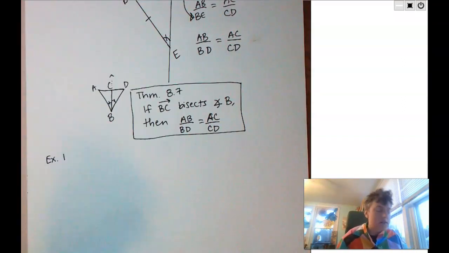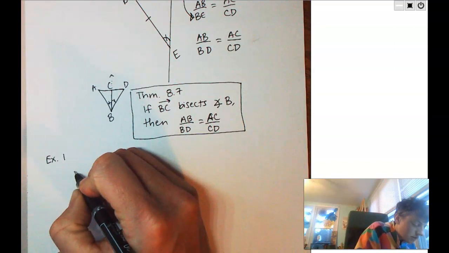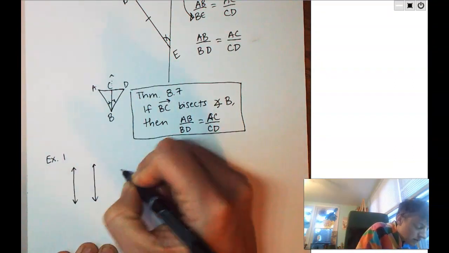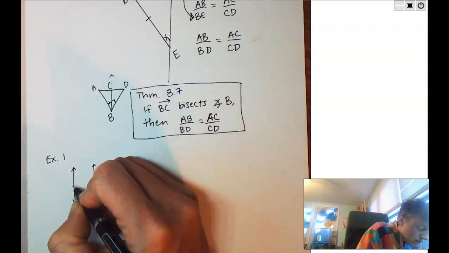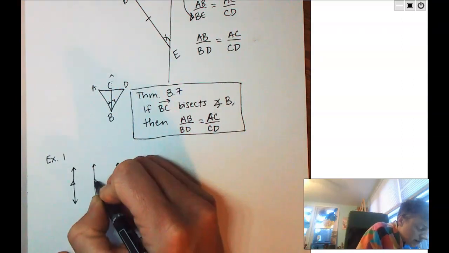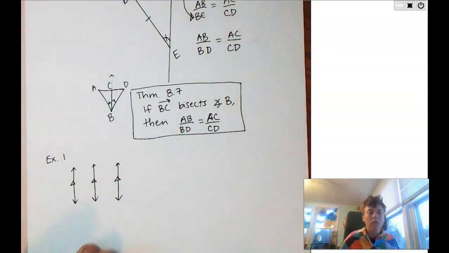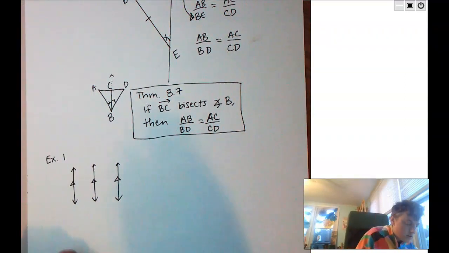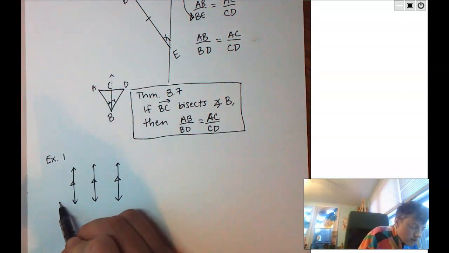Example number 1. Draw yourself 3 parallel lines. Let's say they're all perfectly parallel. Cool. Then I want you to chop those 3 parallel lines with 2 lines that cross through them.